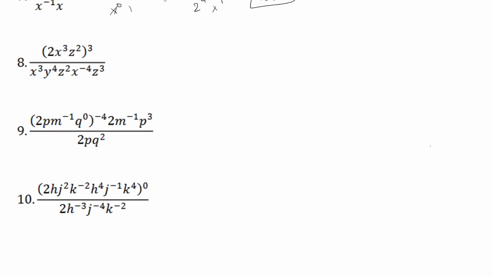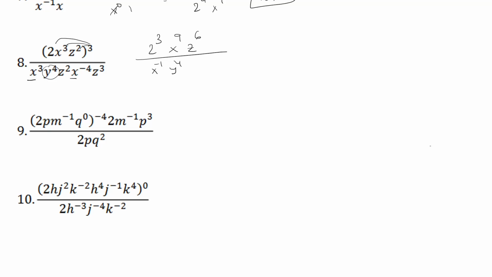Okay, for 8, we want to distribute the cube here to all 3 of these. So that's 2 cubed, and then it's x cubed cubed, which is x to the 9th. Z squared cubed is z to the 6th. In the denominator, we want to multiply the x's, so x cubed times x to the negative 4 is x to the negative 1. Y to the 4th is by itself.